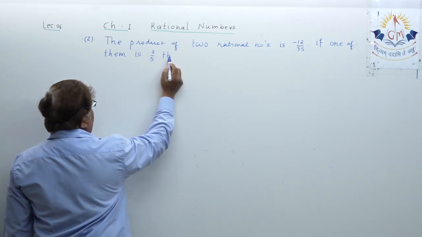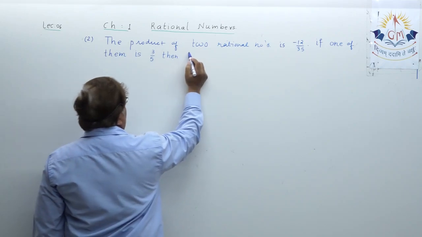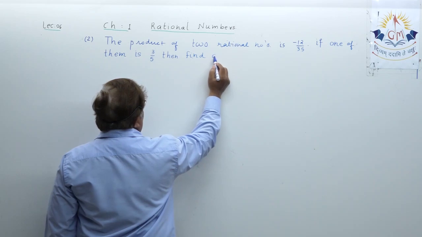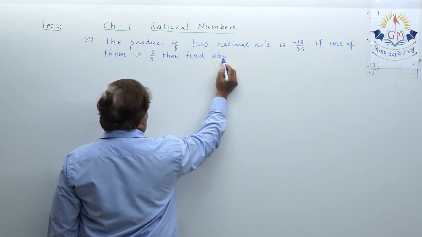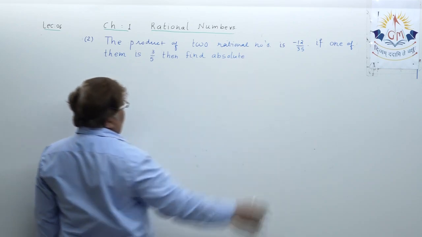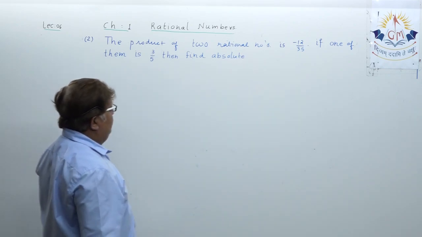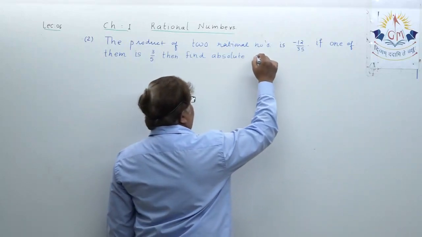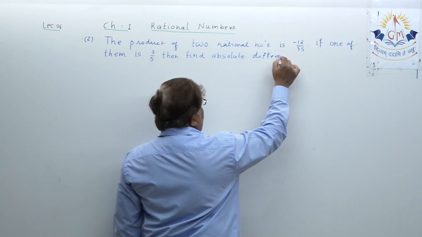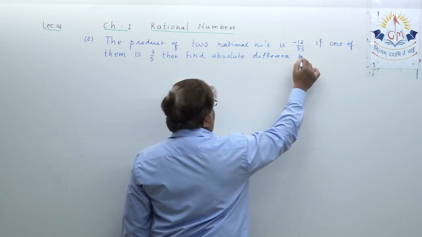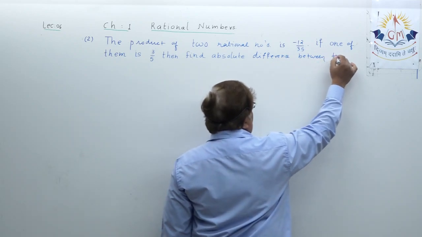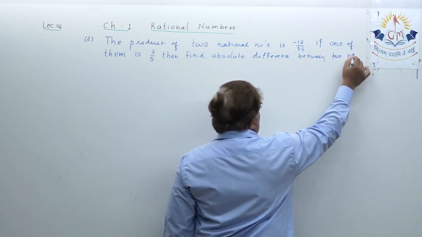then find absolute difference between two numbers.